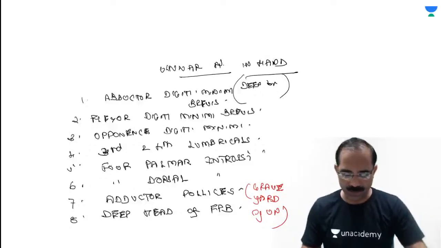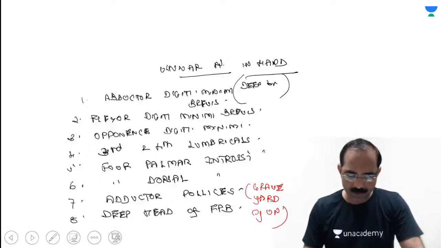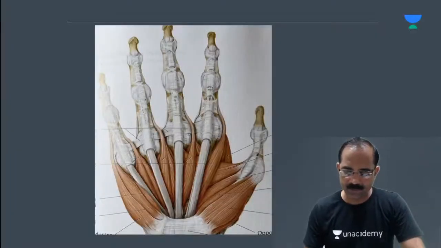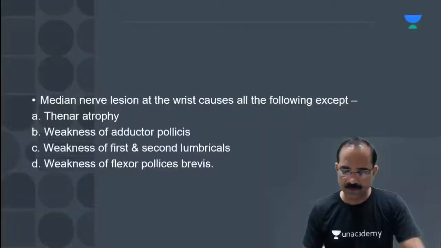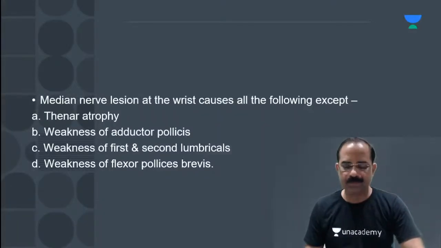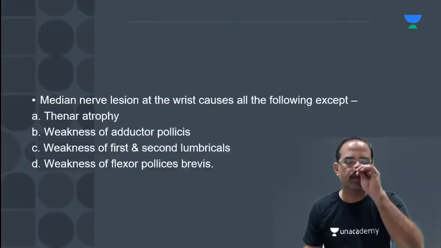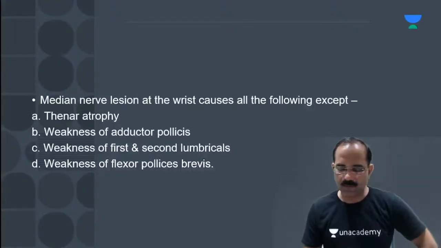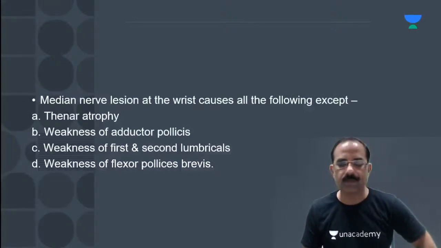Just have a look at this MCQ, and then we go to the cutaneous nerve supply. Answer this. Median nerve lesion at the wrist causes all the following except. Come on, students, you can answer this.